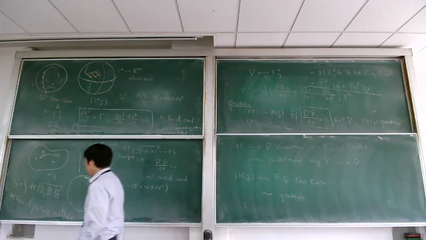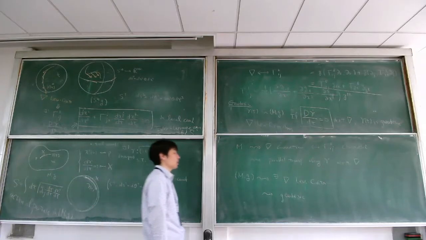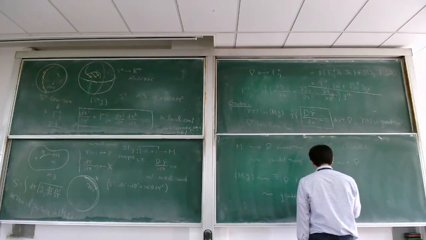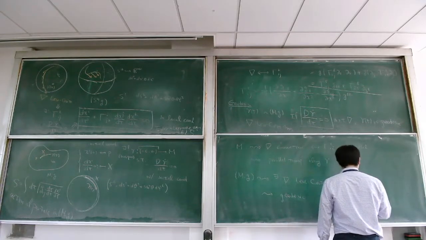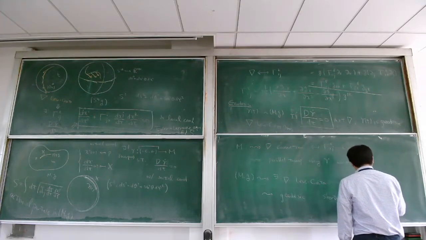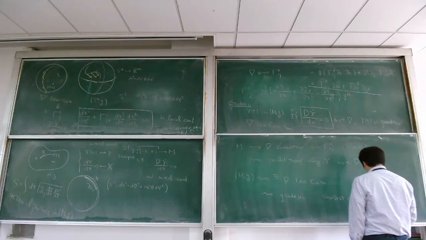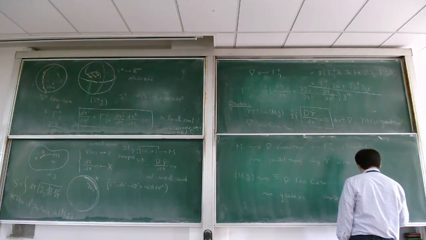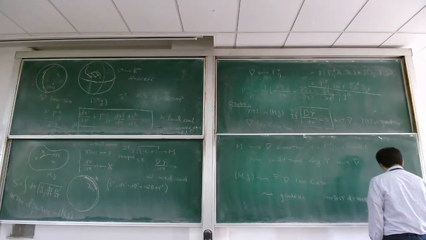Then a geodesic locally defines the shortest distance between two points with respect to the metric g.